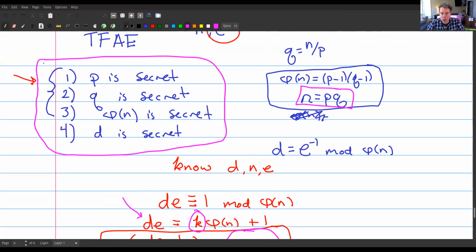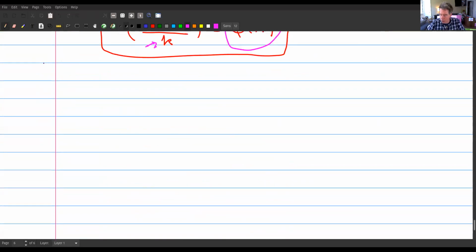Okay. So there are a couple of missing pieces in the story that we have to fill in. One is, how do we find 1024-bit primes?